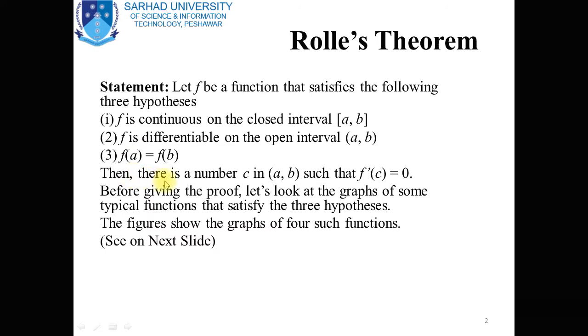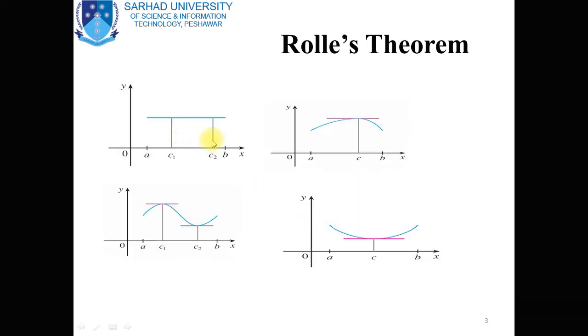Now, before giving the proof, let's look at the graphs of some typical functions that satisfy the three hypotheses of Rolle's theorem. The figure shows the graphs of four such functions, like you see in this slide.